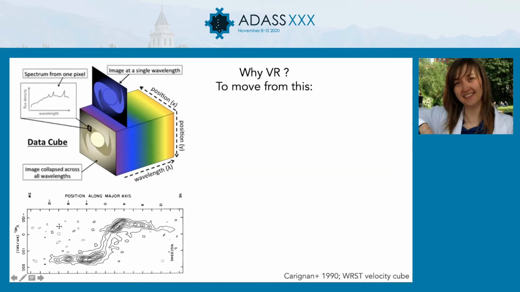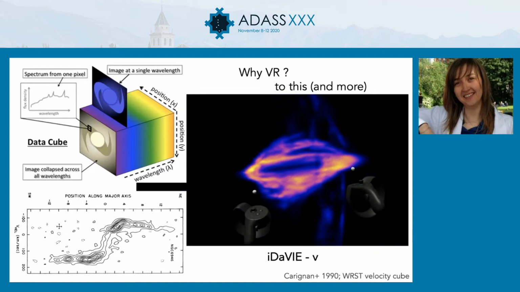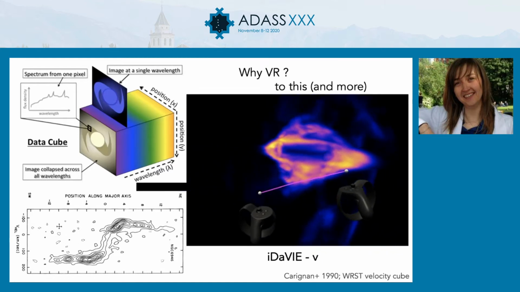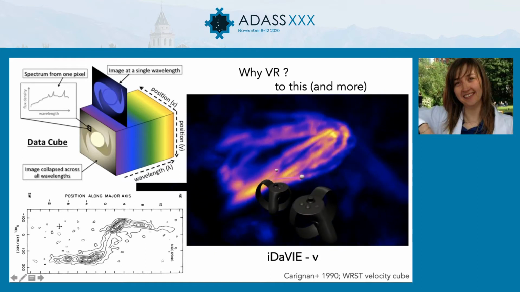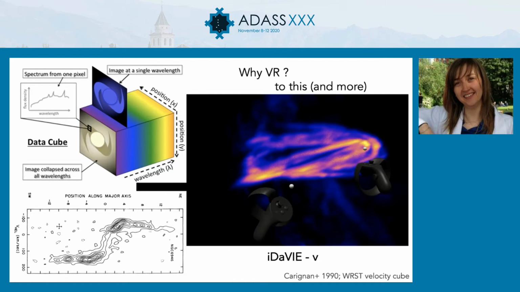That then gives you the velocity field that you could see, for example, in this plot here, as we were supposed to do in 2D. But of course, with VR, we can do something like this. Instead of visualizing a simple map of this, we could actually see the warp of the disk of this galaxy immediately as it is.